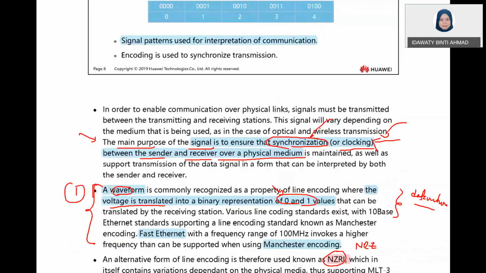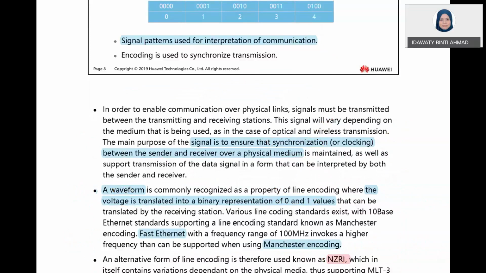From this statement, what does it mean? The signal that you send, you must make sure that the clocking between sender and receiver is synchronized, so that the signal is in a form that can be interpreted by both sender and receiver.